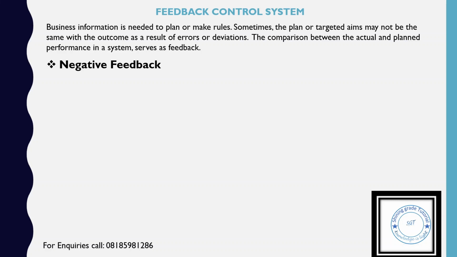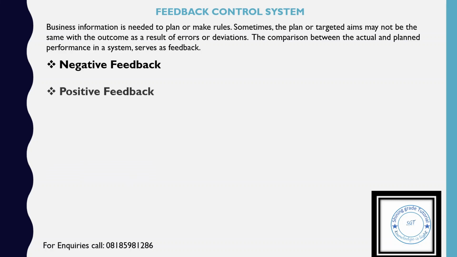For instance, if in our plan of having a favorable sales level we see that the actual is more than the plan, wow, that is a favorable one, that is not negative. But if the actual later is less than the planned, that is not favorable, and we call that negative feedback.